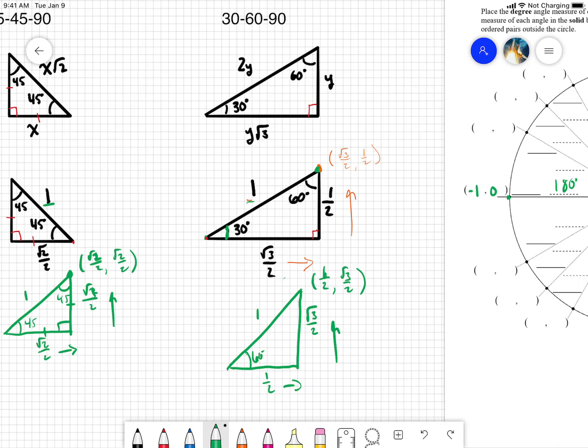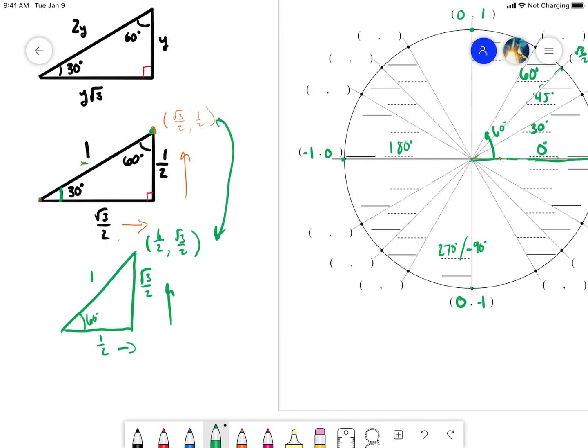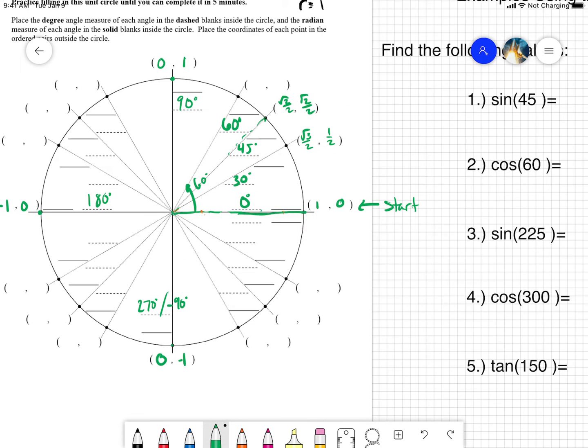Or essentially, right, the x and y switched on these two. Okay? Okay. So this coordinate is 1/2, rad 3 over 2.